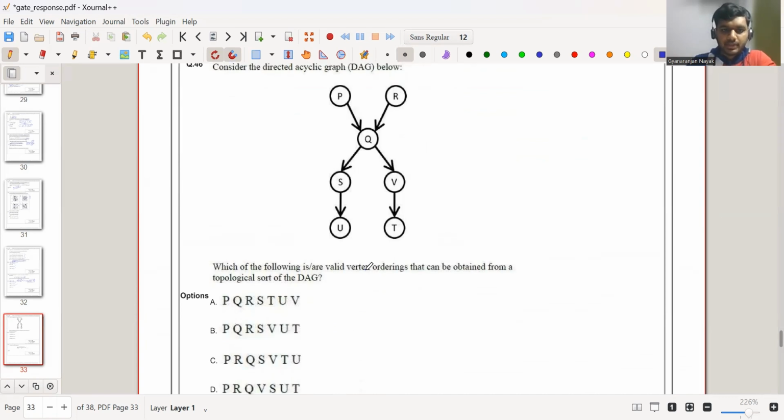Then R, then Q, because Q depends upon P and R. Then we proceed for S or V. You can proceed for S and you can also proceed for V.